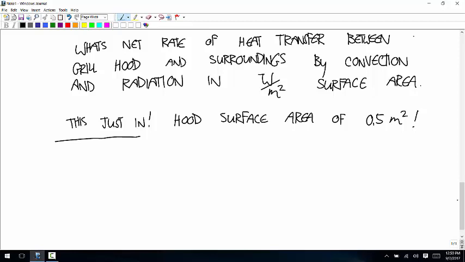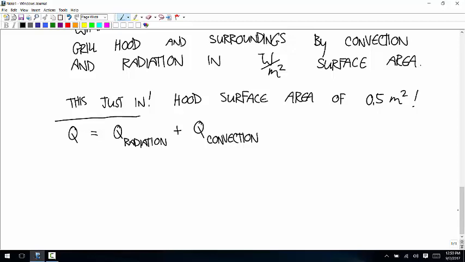So the total heat is the heat from radiation plus the heat from convection. And we're talking about rates of heat transfer, so we'll do all of those with a dot. So heat due to radiation.